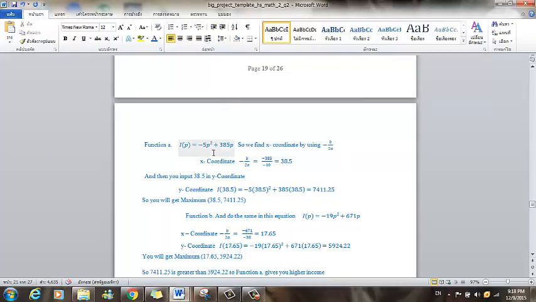We already know b, because b is 385. So we put minus 385 over 10, because a is 5 and we multiply by 2, it's going to be 10. So it's going to be equal to 38.5.